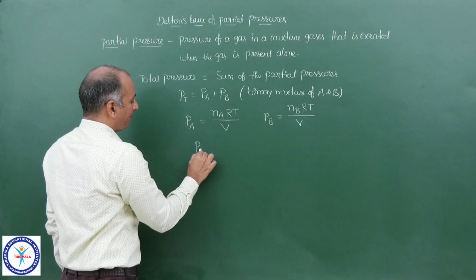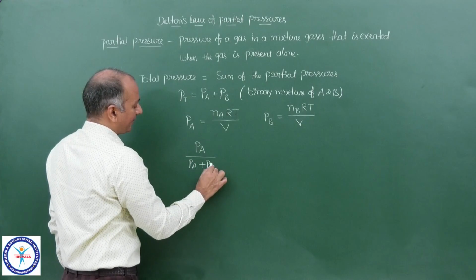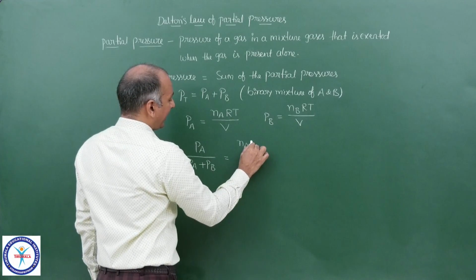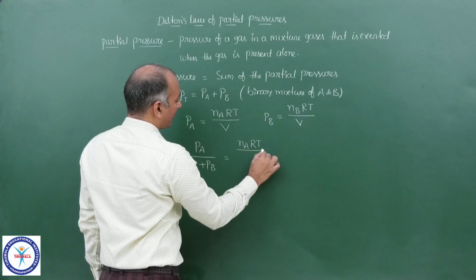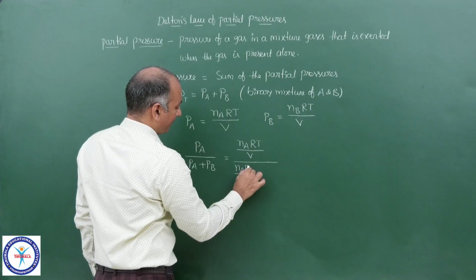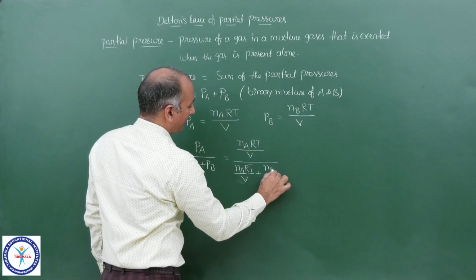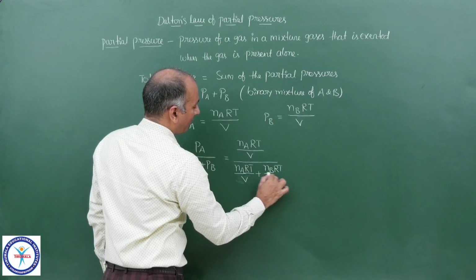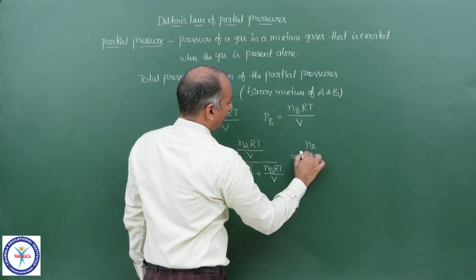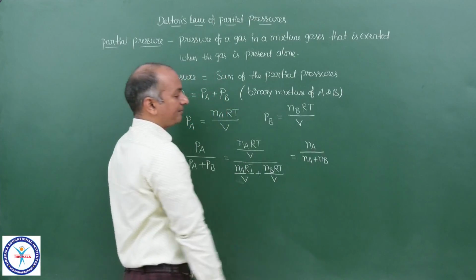Now if you write PA upon PA plus PB, then you have nA RT upon V upon nA RT upon V plus nB RT upon V, and that comes out to be nA upon nA plus nB.